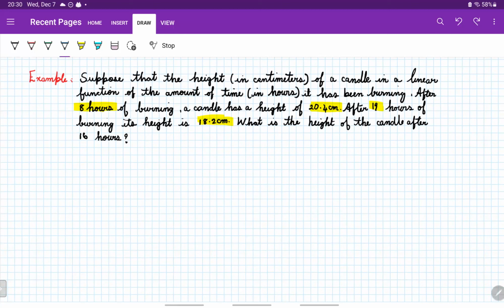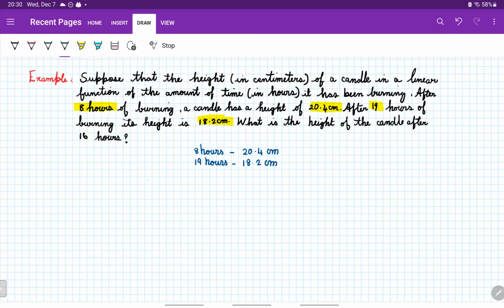So things that we are given here already are in 8 hours, the height of the candle is 20.4 centimeters, and after 19 hours, the height of the candle is 18.2 centimeters.